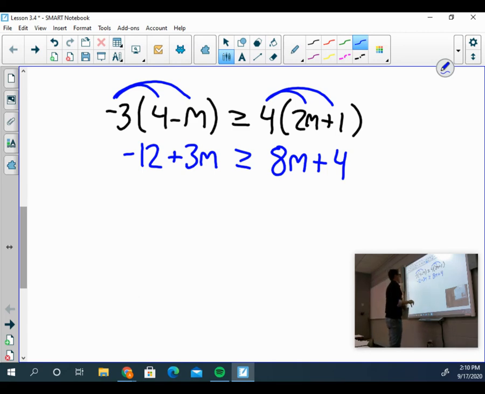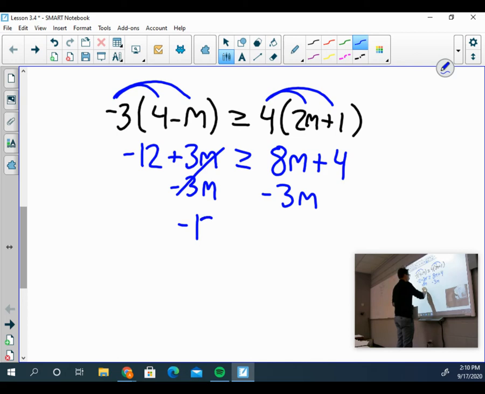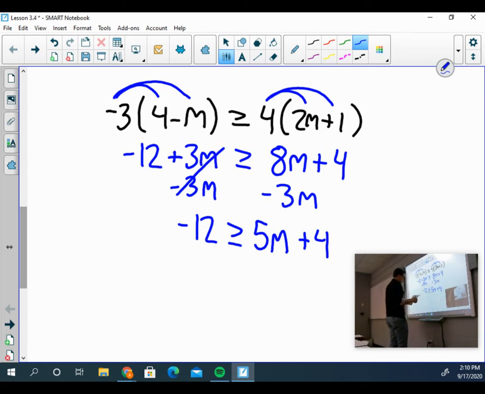So then what I'm going to do now is get m on one side. I will do this by subtracting 3m from both sides. I have negative 12 on the left. Those will simplify to be 5m, plus 4. I am then going to subtract 4 from both sides.